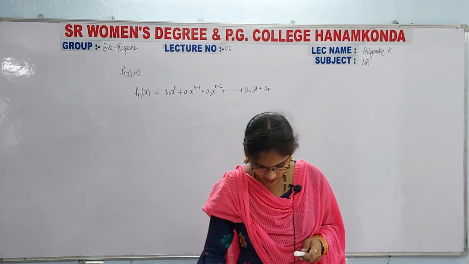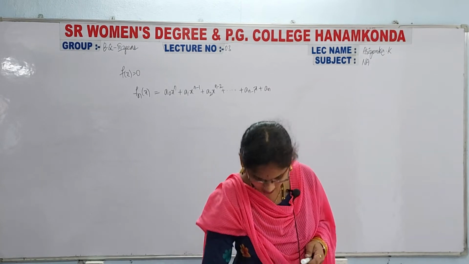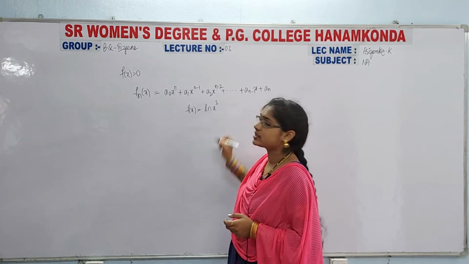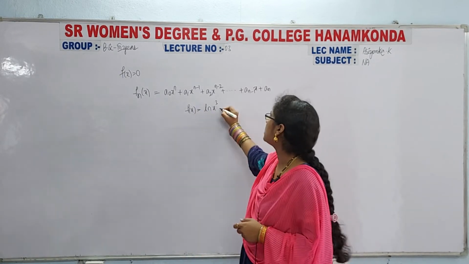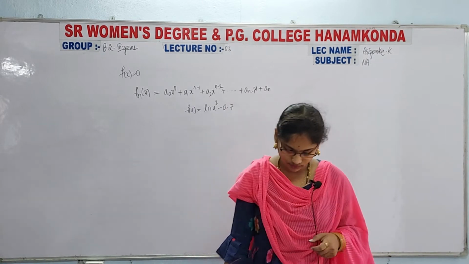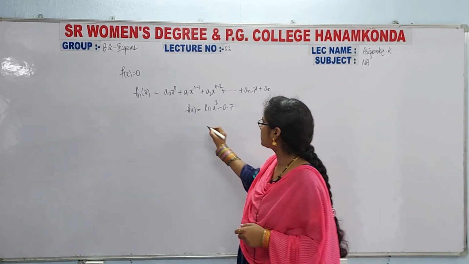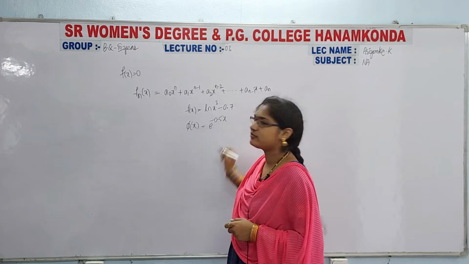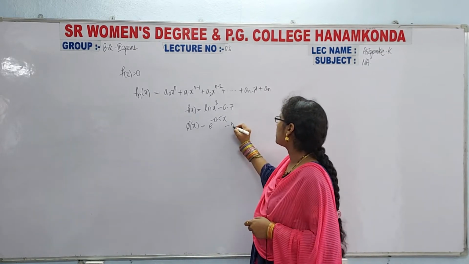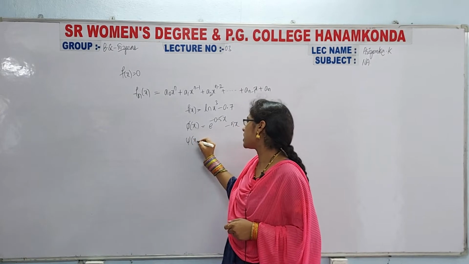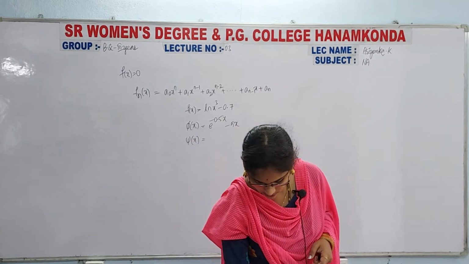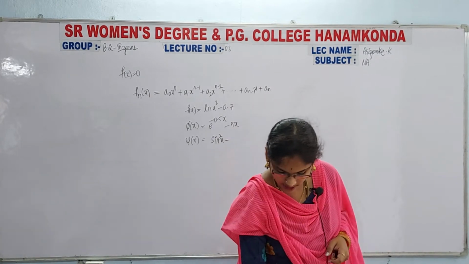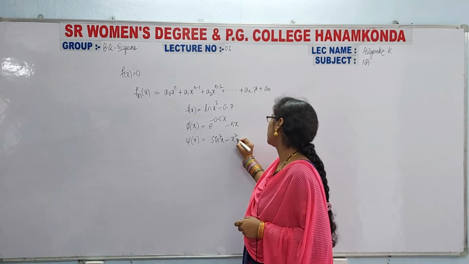Examples: f(x) = ln x^3 - 0.7. Next, another function, phi(x) = e^(-0.5x) - 5x. Next, psi(x) = sin^2 x - x^2 - 2.